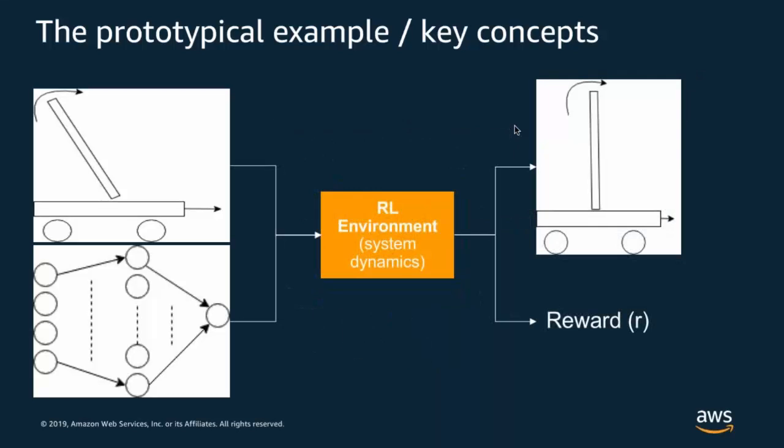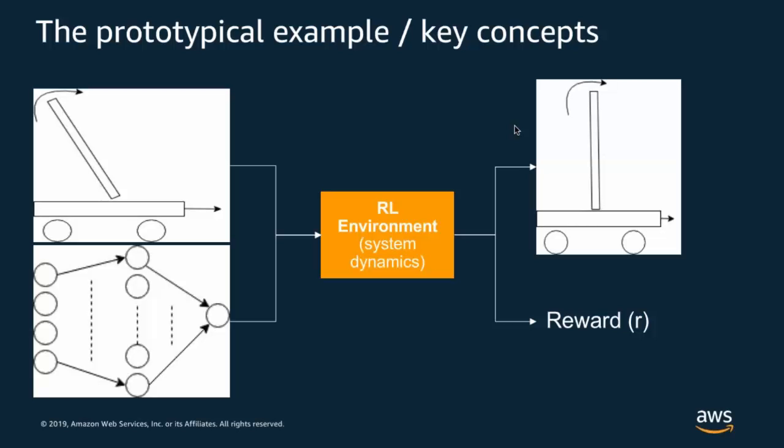The RL environment that Urvashi mentioned earlier, in this case, is defined by the system dynamics, which in turn are governed by the laws of physics such as friction and gravity. So at every time step, the current state as well as the action from the policy goes into the RL environment, and what we get out of the environment is the next state and a reward.